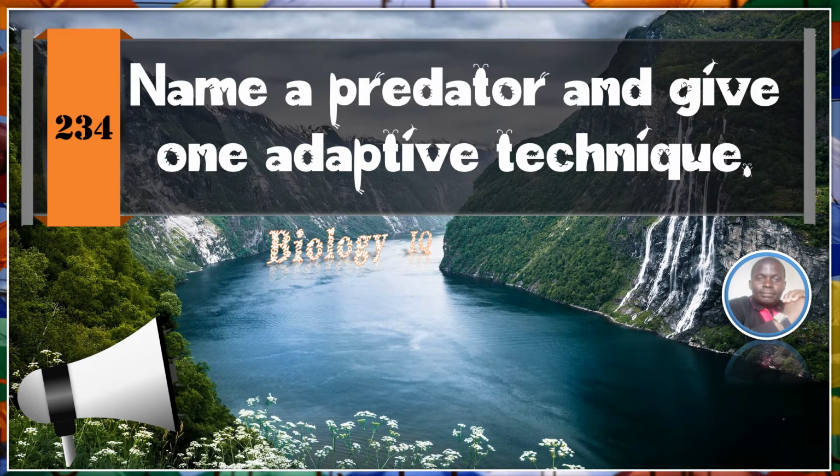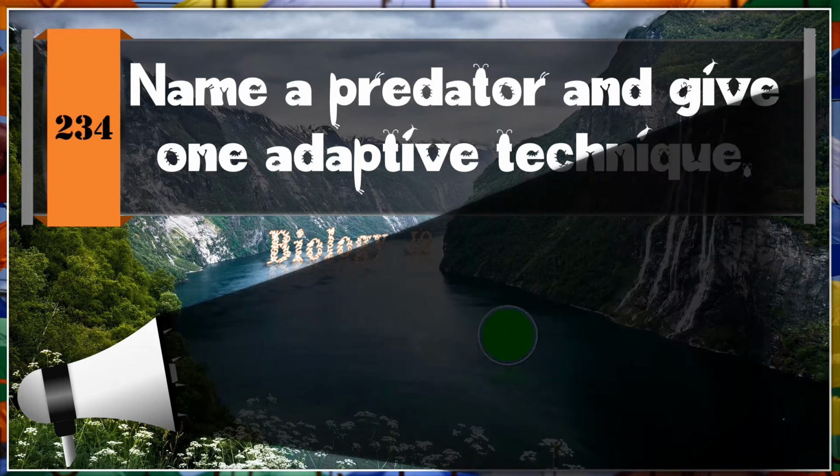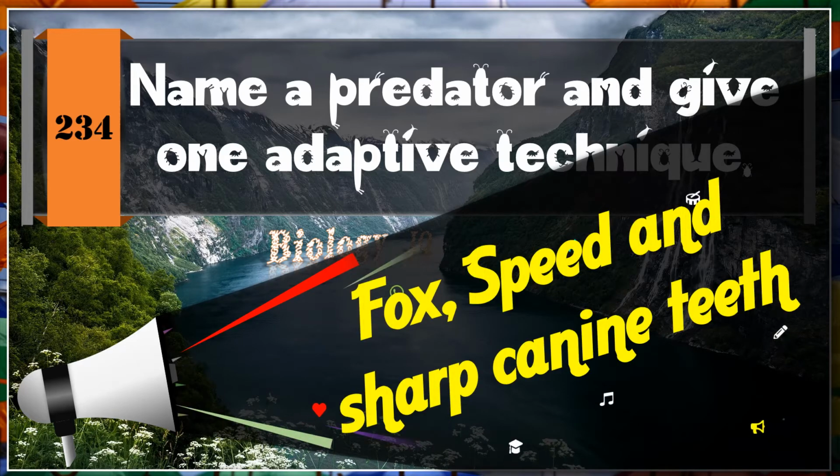Name a predator and give one adaptive technique. The predator is the fox, and adaptive techniques, it has speed and it has sharp canine teeth.